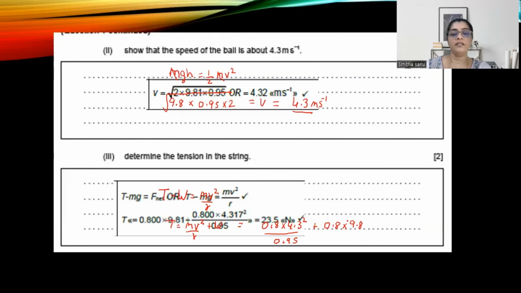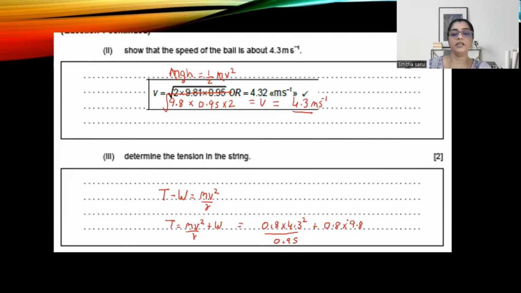This should give the answer 23.5. You can check it. This gives an answer of 23.5 Newton because it is tension, which is a force.